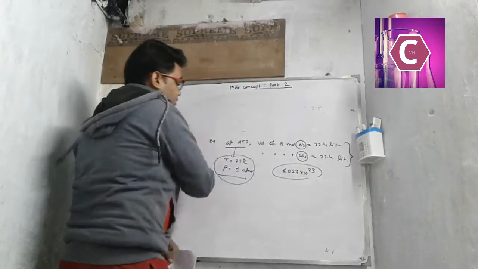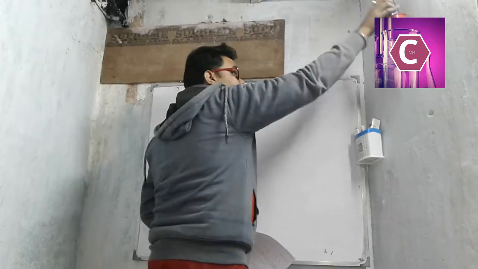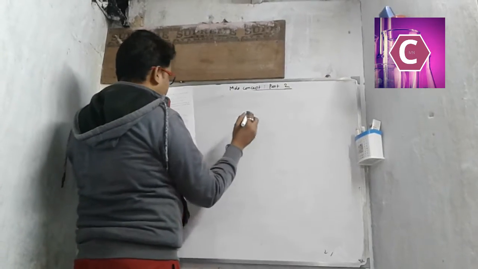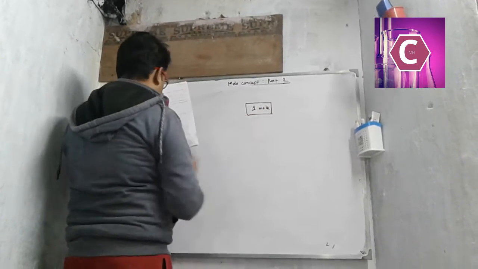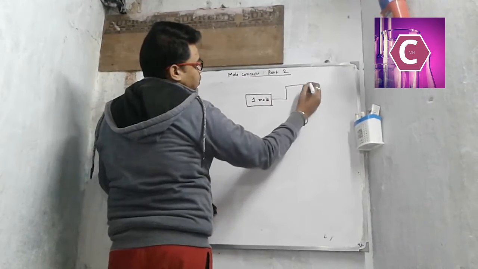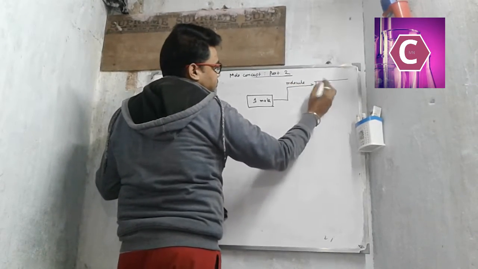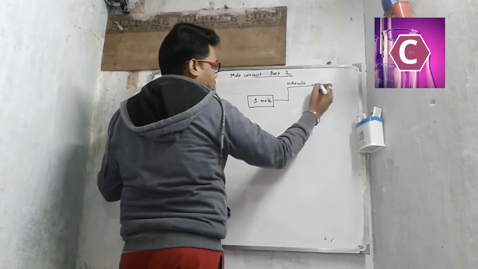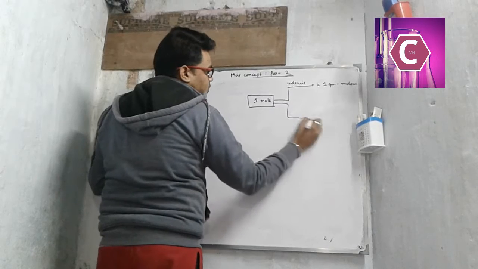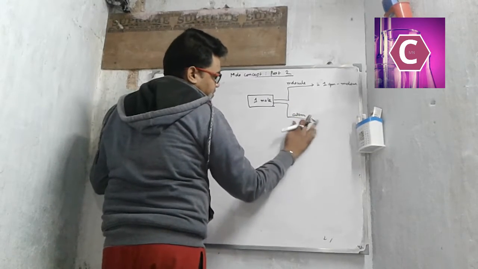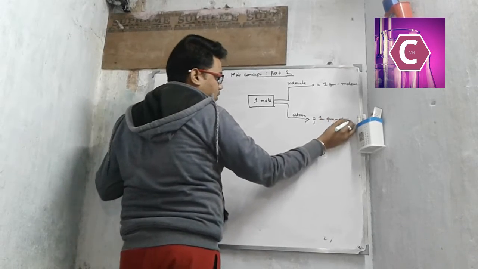Now I am going to show a relation map which is very important to remember. 1 mole, for a molecular substance, is equal to 1 gram molecule. For an atomic substance, it is equal to 1 gram atom.